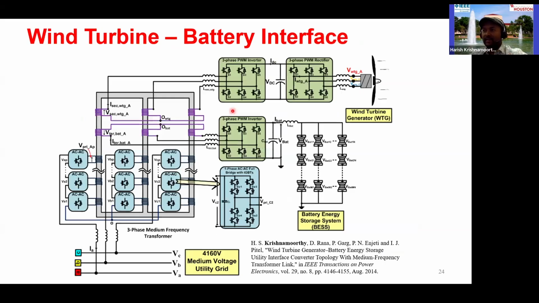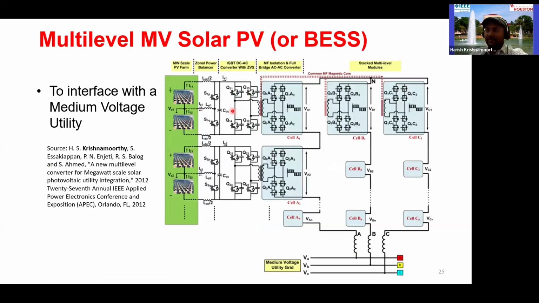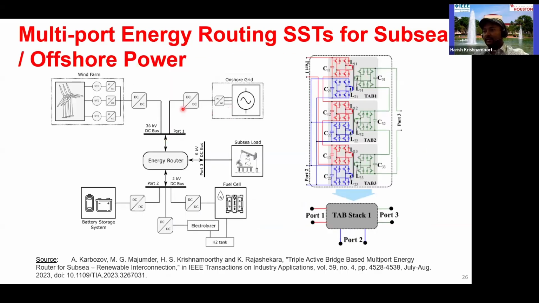So this is again interfacing wind turbine and battery energy storage systems with the grid. Again, I don't want to go too much in detail. This is solar panels again, interfaced to the grid and so forth. So this is something which we did recently using solid-state transformers as energy routers.